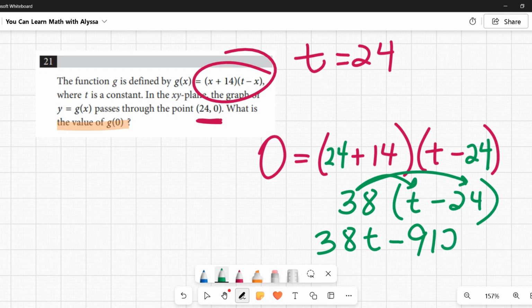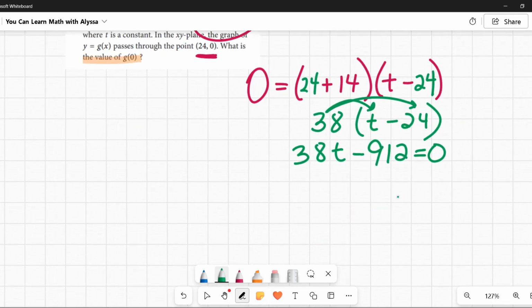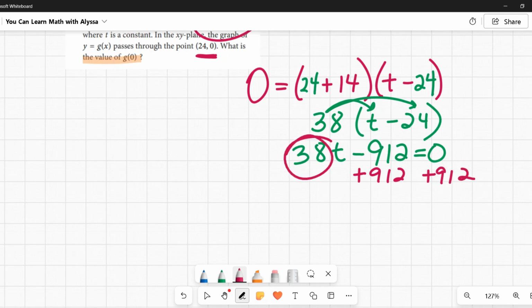And that is 912, and that is going to equal 0. And so then, as I zoom out a little bit and I move it up, I'm going to add 912 to undo that. I'm trying to get t by itself. So, it's being multiplied by 38, and then negative 912 is being subtracted, so I'm undoing that.